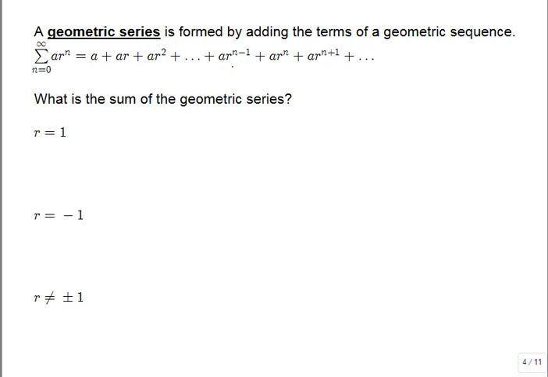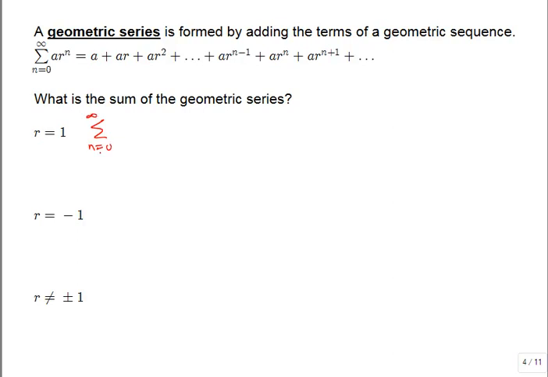It's very common. And what we're going to look at is what the sum of a geometric series turns out to be. So there are different cases that we need to consider. The first case is what happens if your r, what we call the common ratio, is 1. Well, think about what this would become.